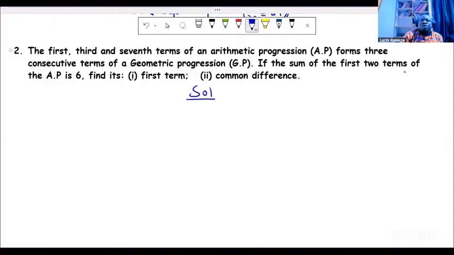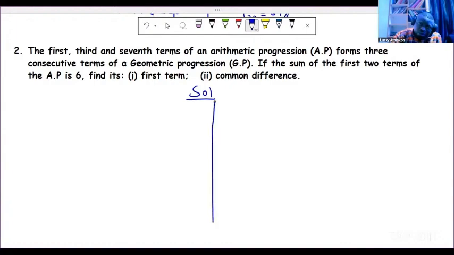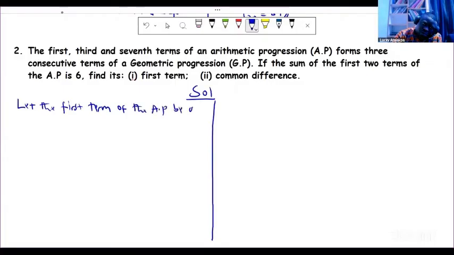If the sum of the first two terms of the AP is 6, find its first term and common difference. So let's go. Now let the first term of the AP be A, and the common difference be D.